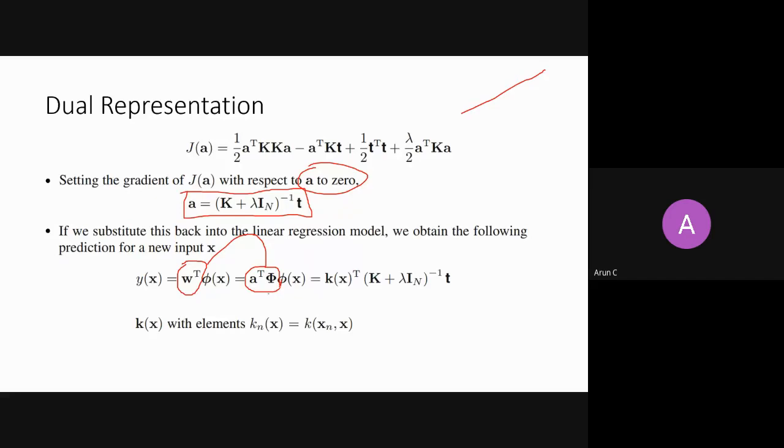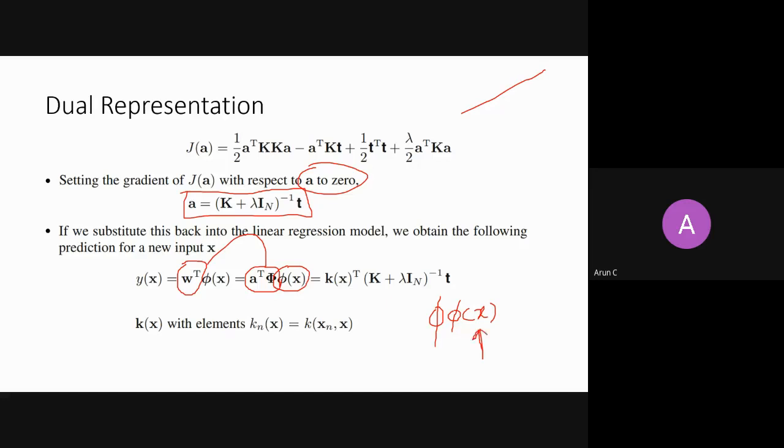Now what is this? This is my phi and this is my point where I'm predicting. So see here, this is my phi, which is the samples in my data set, and I'm multiplying it with X, right? It's multiplying with X where I want to predict.